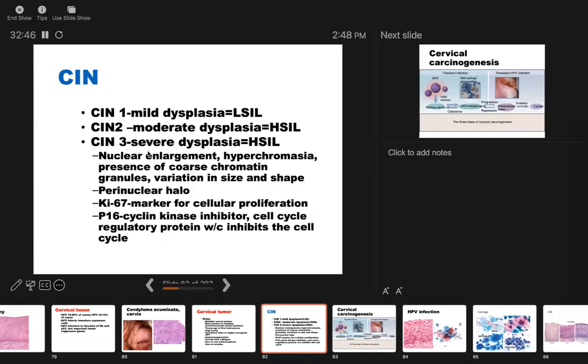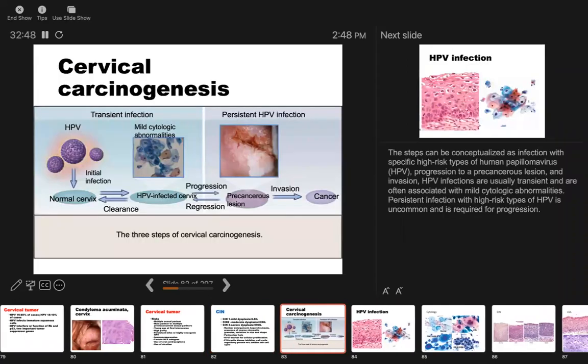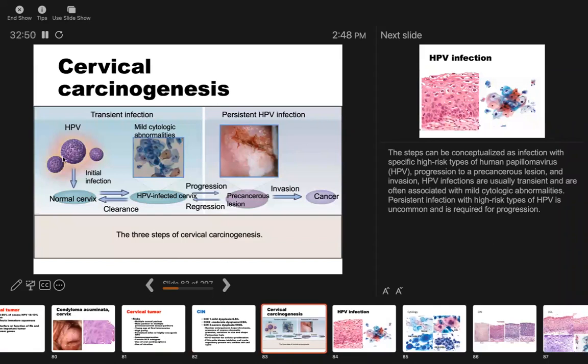Now, this is an illustration of your HPV infection. As I was telling you a while ago, HPV infects the immature basal cells of the squamous epithelium in areas of epithelial breaks or immature metaplastic squamous cells, which are present in the squamocolumnar junction.